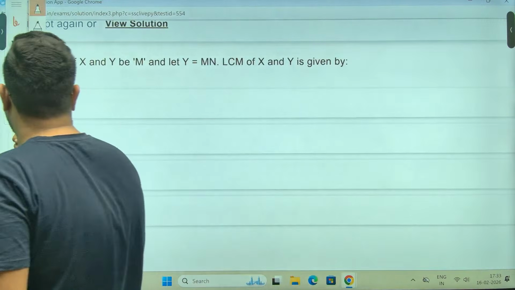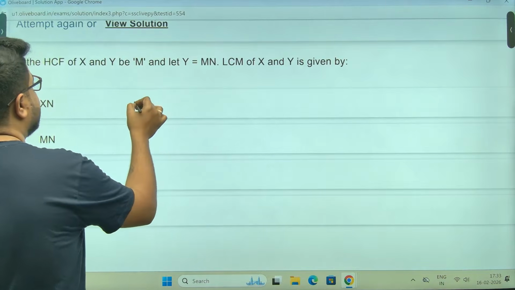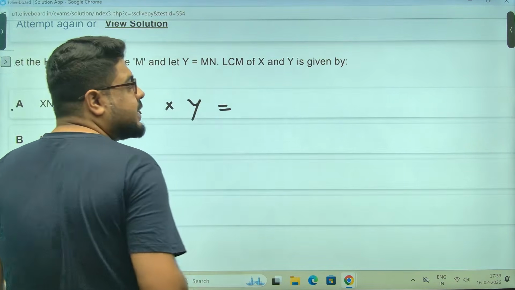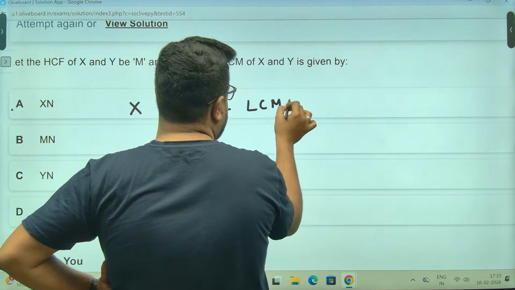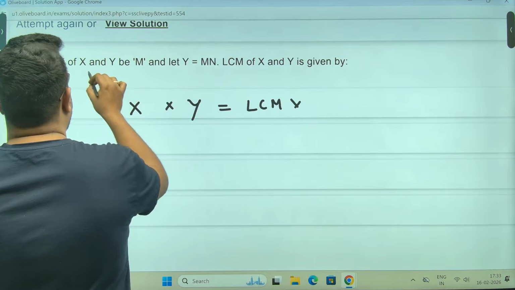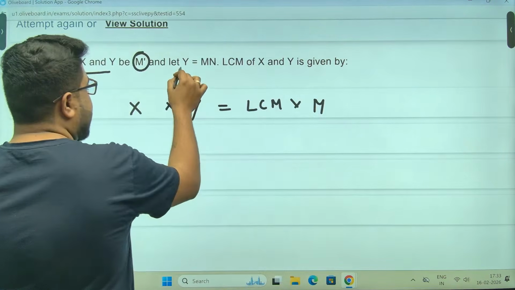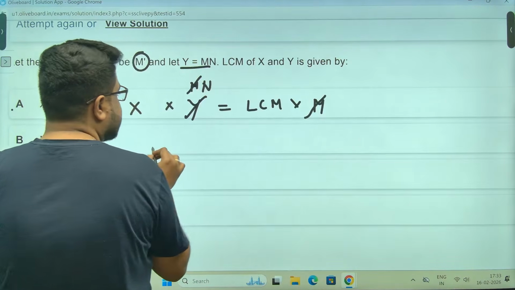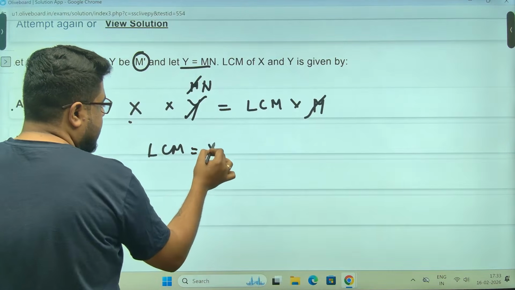HCF given, two numbers given, LCM they are asking. Numbers are x and y. Product of the numbers is equal to LCM into HCF. LCM I need, and x into HCF is m. And y is also given as m into n. M cancels. So LCM is equal to x into n.